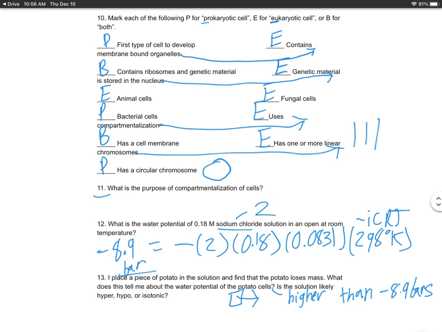So I would guess that the solution is most likely hypertonic to the potato cells because water went out.